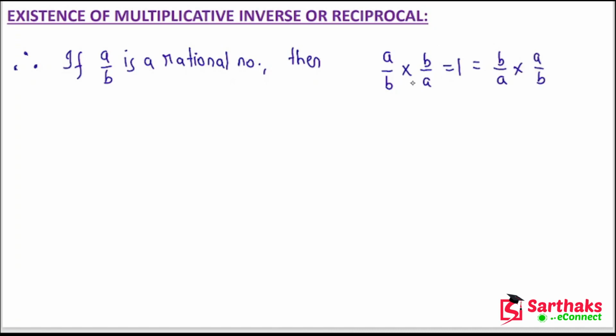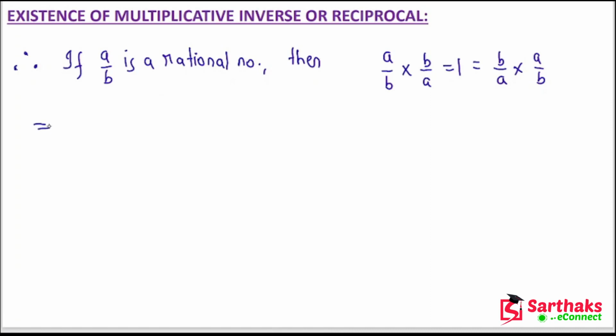So you can see we are getting the same condition as with c by d. When we multiplied a by b into c by d and got 1, we said that they both are reciprocals of each other. So here also we are multiplying a by b with its reciprocal b by a, and we are still getting 1.